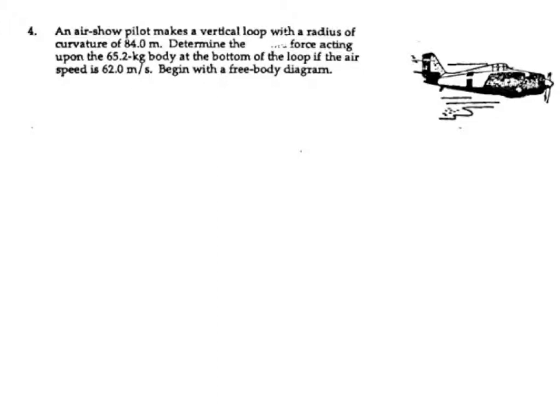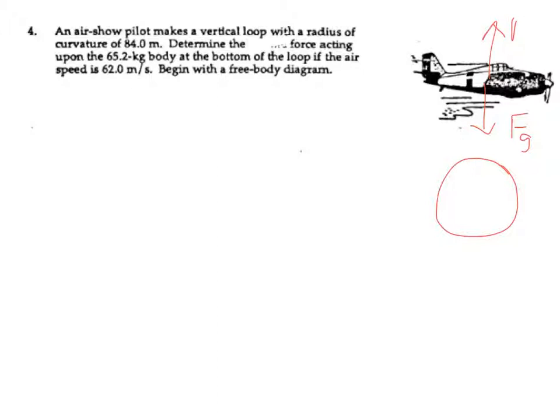So if we're looking at a vertical loop, we really only care about the forces that are happening in that plane, in that dimension. So we're going to look at vertical forces. We've got the weight of the plane acting down, and then we've got the lift force acting up on the plane.